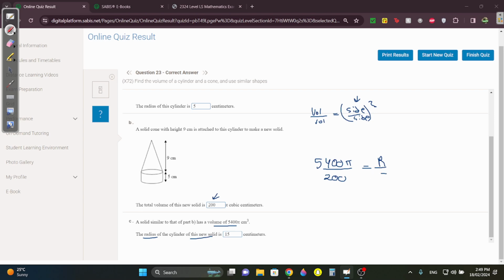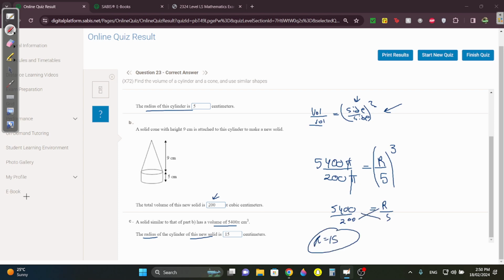The old radius, however, we know it's 5, because the radius of this cylinder is 5. It should be cubed because we're talking about volume over volume. Pi cancels with pi, and you solve this as a normal equation, and you'll get, cross multiplying, r equals 15.